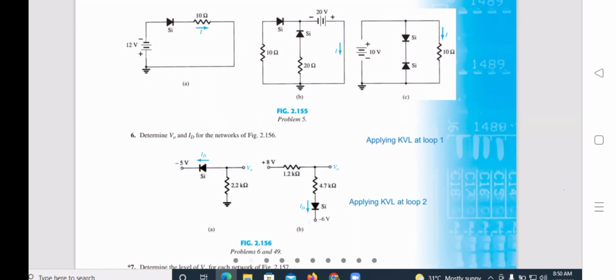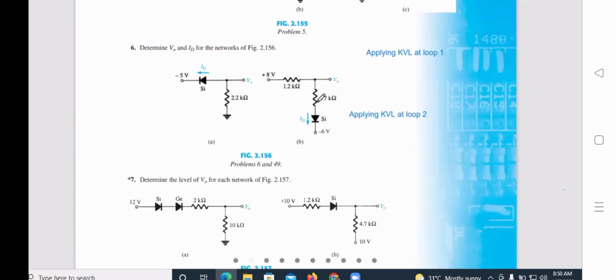So now problem number 6. In problem number 6, we have used point source. The meaning of point source is, suppose somewhere it is written like this, plus 5.